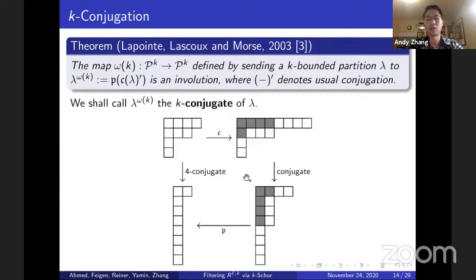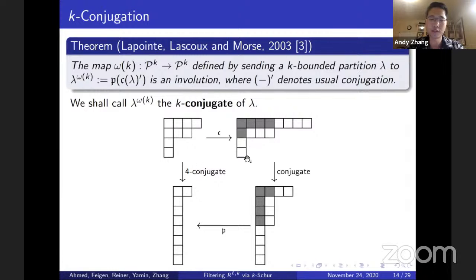Recall that the ordinary conjugation is just flipping the partition across its diagonal, but we couldn't do that for a k-bounded partition, because in doing so we would not necessarily obtain another k-bounded partition.